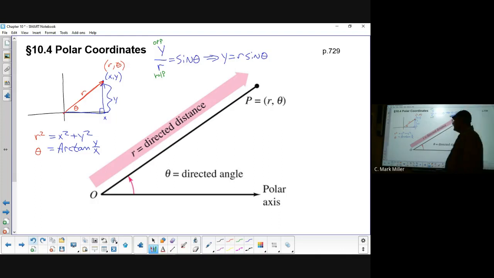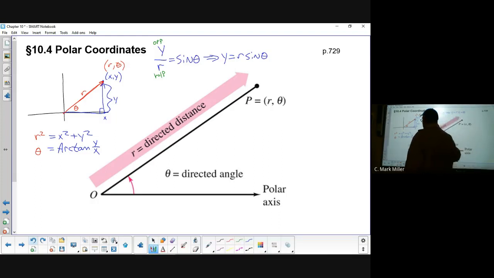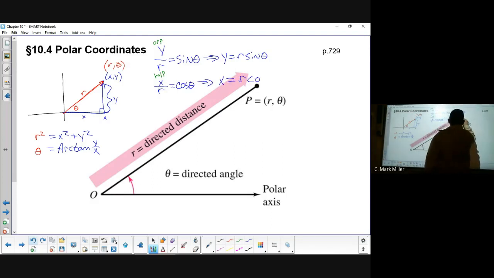Similarly, this distance here is x, right here. X divided by the hypotenuse is cosine theta. That implies that x equals r cosine theta.